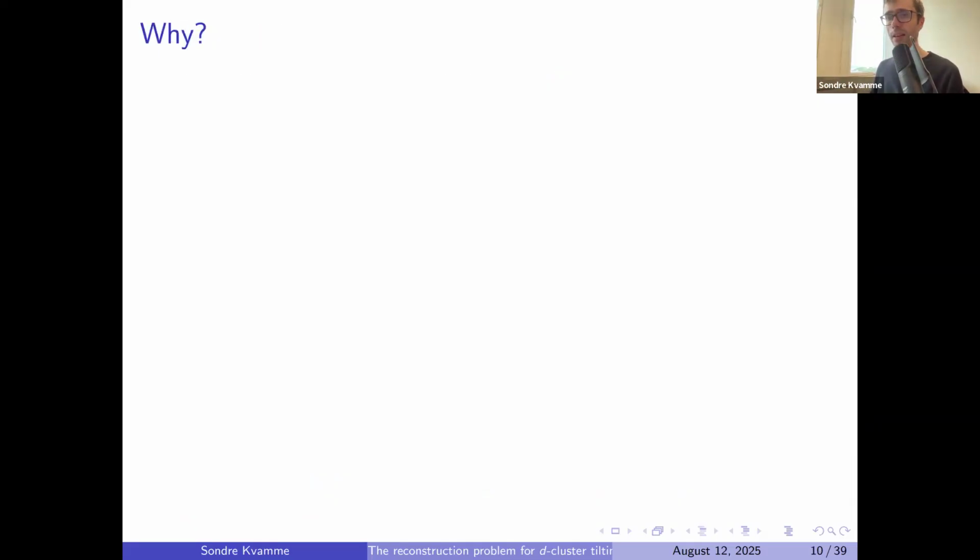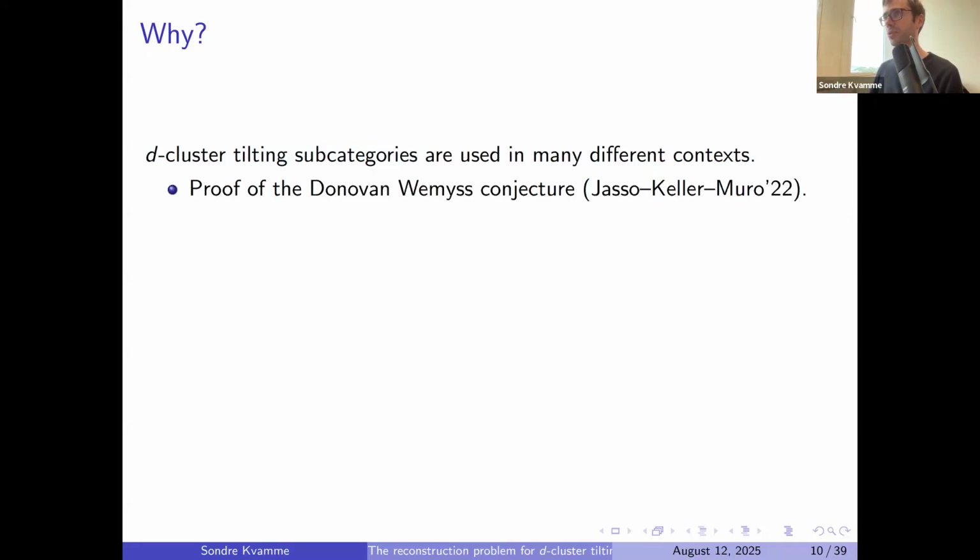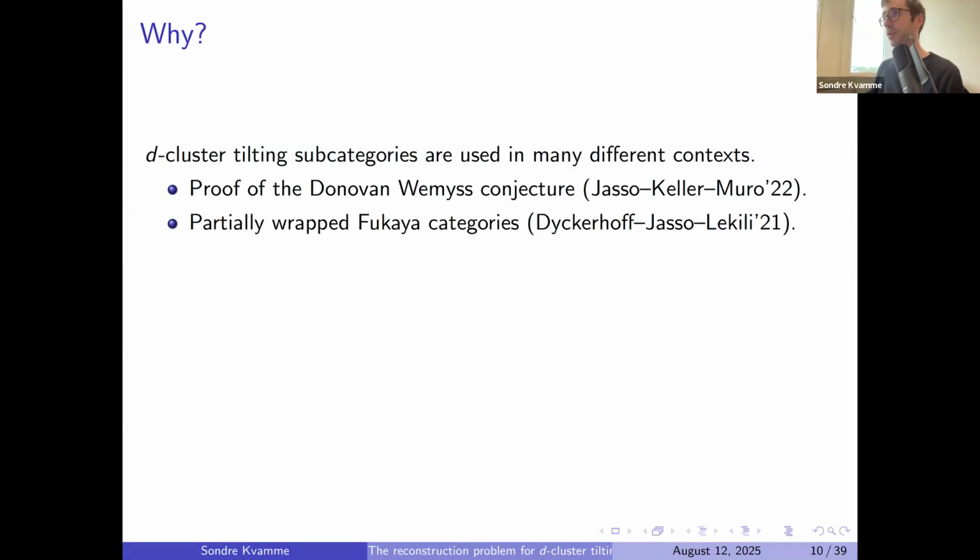So why do we care about D-cluster tilting subcategories? Well, I would say one of the main motivations is that they occur in many different contexts. Ideas in higher Auslander-Reiten theory and D-cluster tilting were used in the recent proof of the Donovan-Wemyss conjecture by Hassoun, Keller, and Muro. They also occur when you study partially wrapped Fukaya categories.